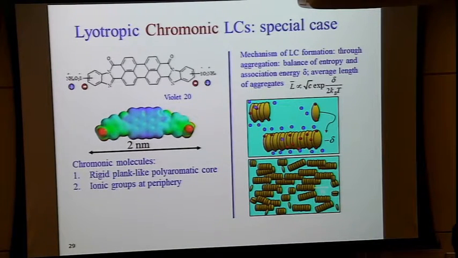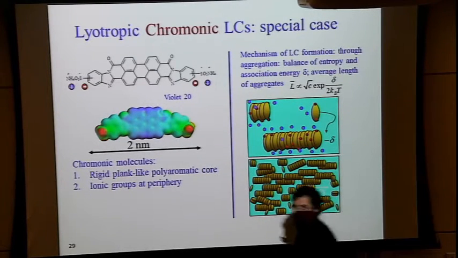And this formula, by the way, is an expression for the typical length of the aggregate in isotropic solution. There's a distinction that in discotics, they don't have any energetic stickiness. Exactly, they just form because of entropy, while here there's an energetic enthalpy component.